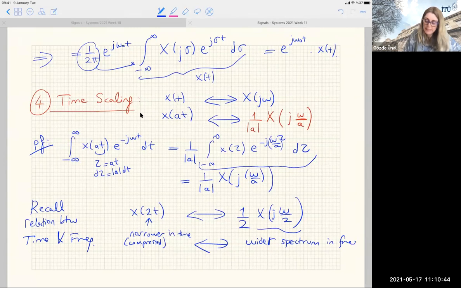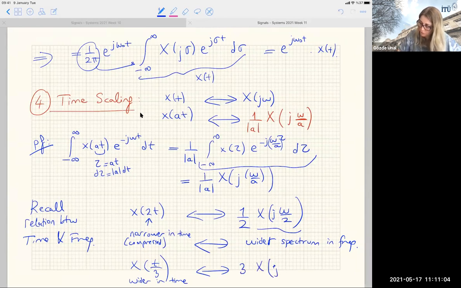In frequency, vice versa. I mean, if I had, for instance, x(t/3) or something like this, which is wider in time, right? Now I would have 3X(j3 omega).